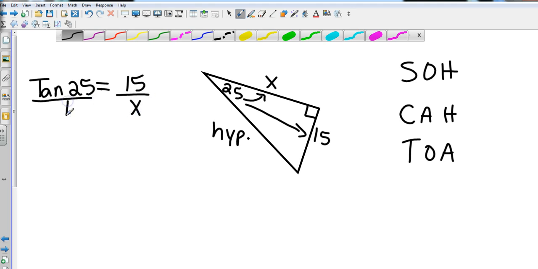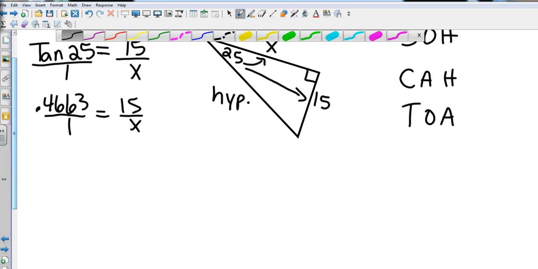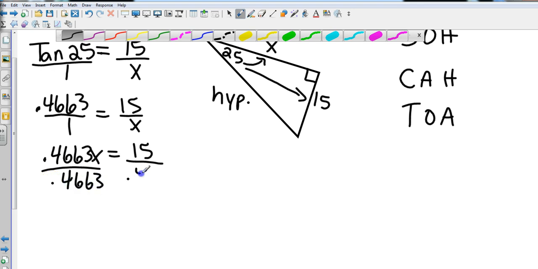I'm going to make this a proportion and get on my calculator and find the tangent of 25, which is approximately 0.4663. Then I'm just going to solve this as a proportion. That's going to be 0.4663 times x, and 15 times 1. To solve that, I'm going to divide both sides by 0.4663, and that's going to tell me what my missing side is.